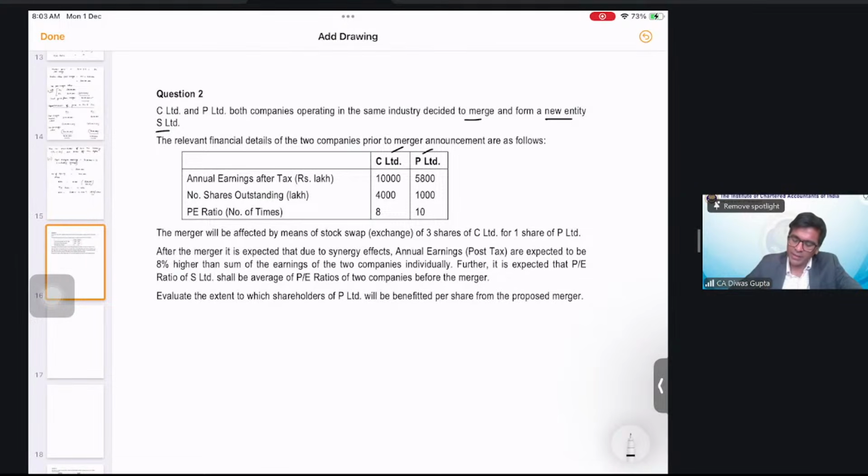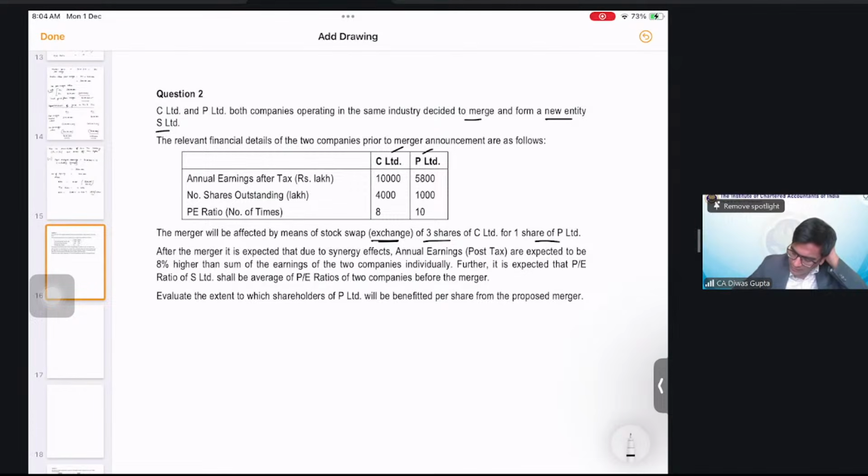The merger will be effected by means of a stock swap, with a swap ratio of 3 shares of C Limited for 1 share of P Limited. So a higher number of shares of C Limited will be issued for 1 share of P Limited.